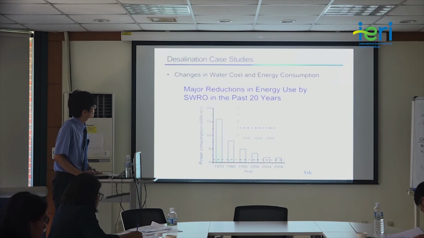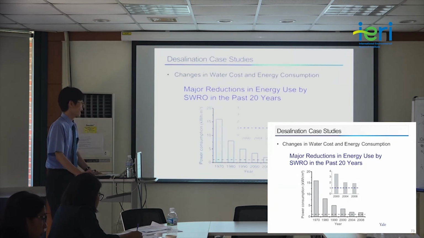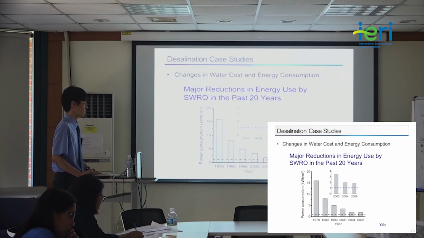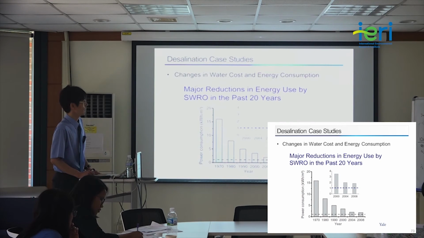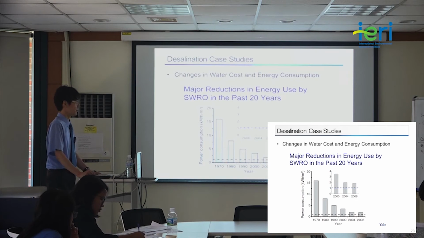Again, we have another similar graph showing how much energy was used in the previous desalination projects and how much energy is being used in the past 20 years of the seawater reverse osmosis system.